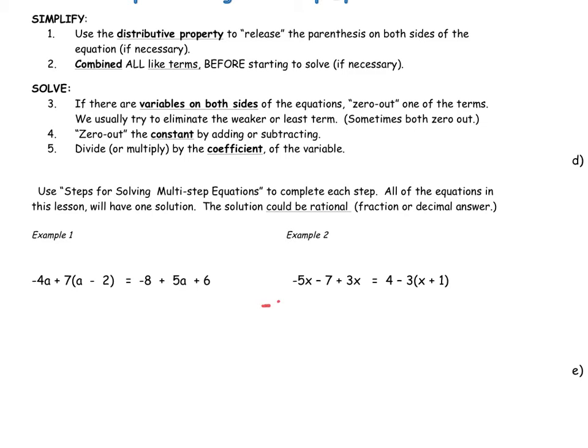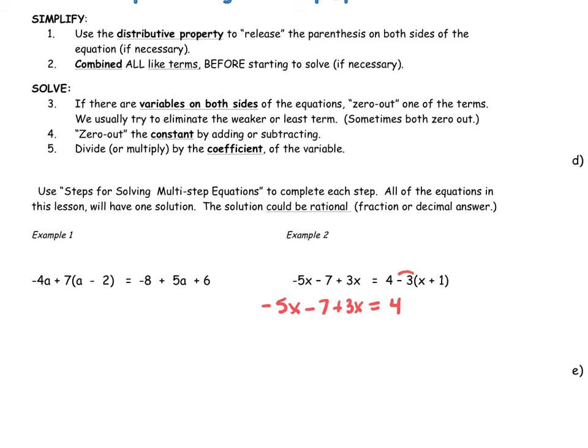I'm just going to drop down negative 5x minus 7 plus 3x because it didn't require the distributive property. But on this side, I can see it does, and it doesn't involve the first number. So again, I'm going to write down 4 because it's not involved in the distributive property.